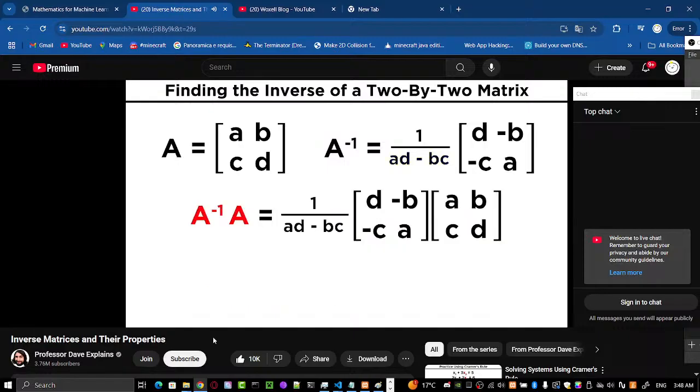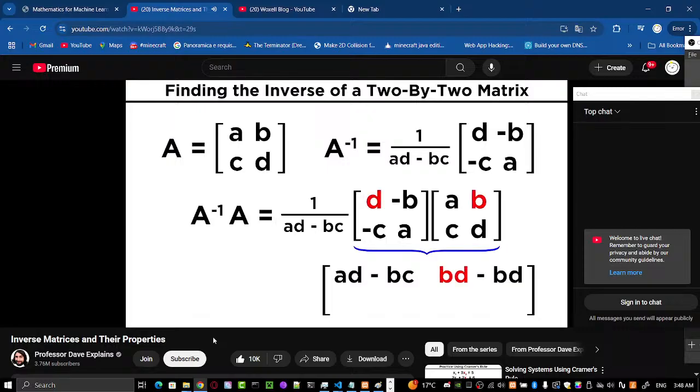To see why this is the case, let's multiply this inverse in this general form by the original matrix. First, let's just generate the 2x2 matrix that is the product of these two without worrying about this determinant. For the first entry, we get DA plus -BC, or keeping everything in alphabetical order and simplifying the sign, AD minus BC. For the second entry, we get BD minus BD.